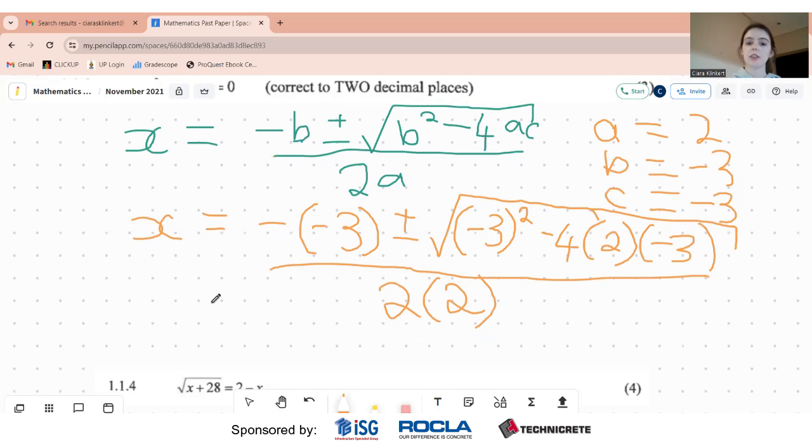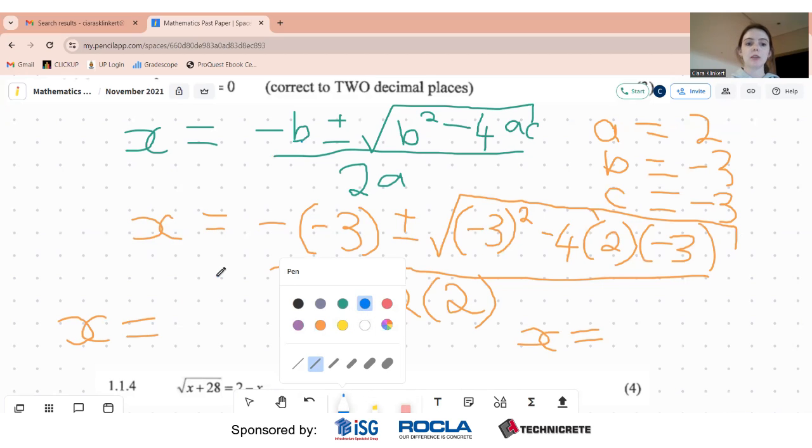Now, what you need to do is substitute this formula into your calculator. Okay. So you will notice on your calculator that you do not have a plus or minus sign. What we need to realize is that in quadratic equations, we usually have two solutions. 90% of the time, you'll have two solutions.